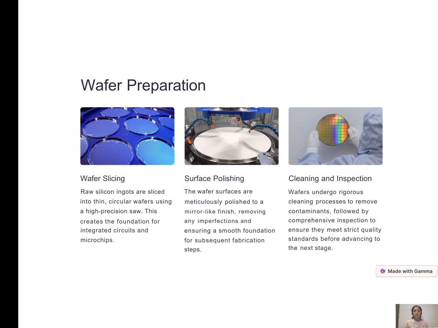And cleaning and inspection: the wafer undergoes a rigorous cleaning process to remove contaminants, followed by a comprehensive inspection to ensure it meets strict quality standards before advancing to the next stage.